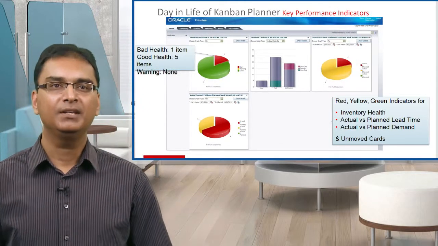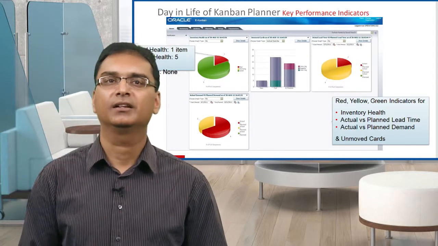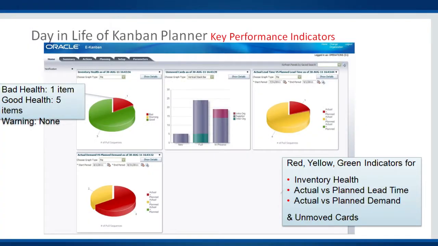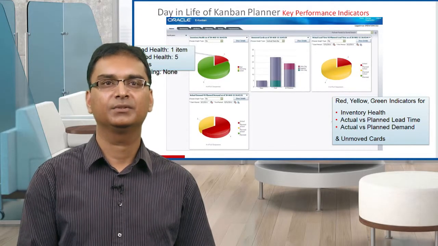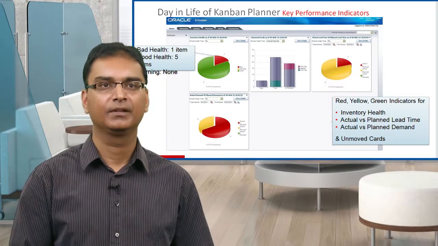We do have four KPIs available as part of electronic Kanban, which let you monitor your Kanban by exceptions. The first one is inventory health, which looks at your card on-hand position and weighs it against the safety stock levels recommended for those items, and categorizes items into red, yellow, and green.